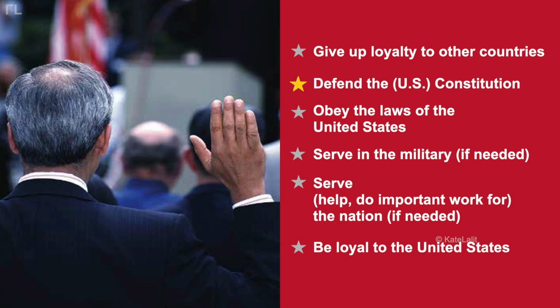Defend the U.S. Constitution. Obey the laws of the United States. Serve in the military if needed. Serve, help, do important work for the nation if needed. Be loyal to the United States.